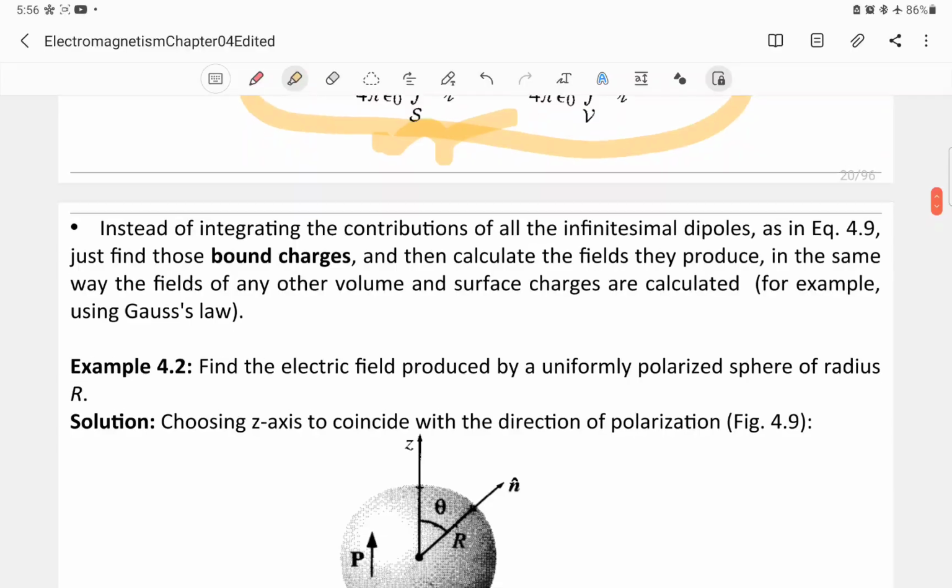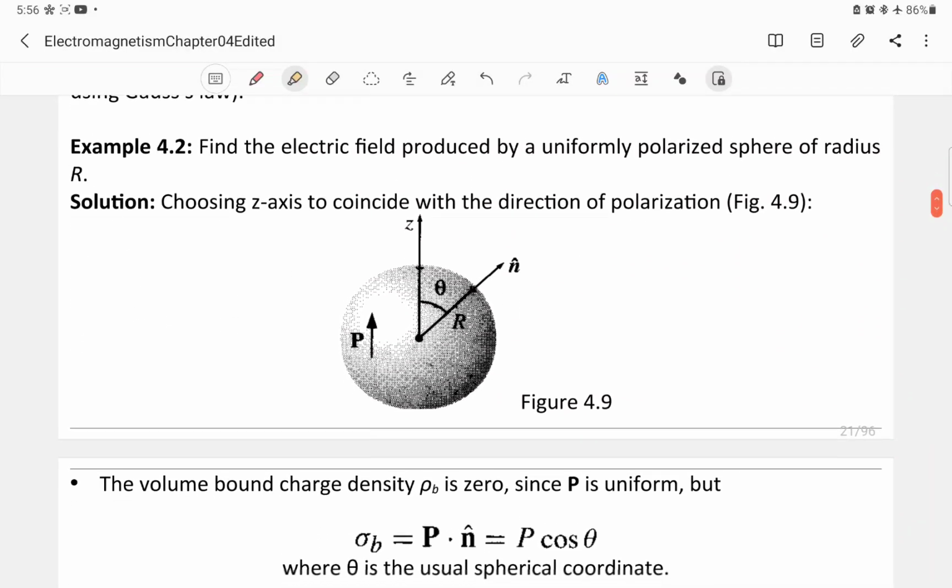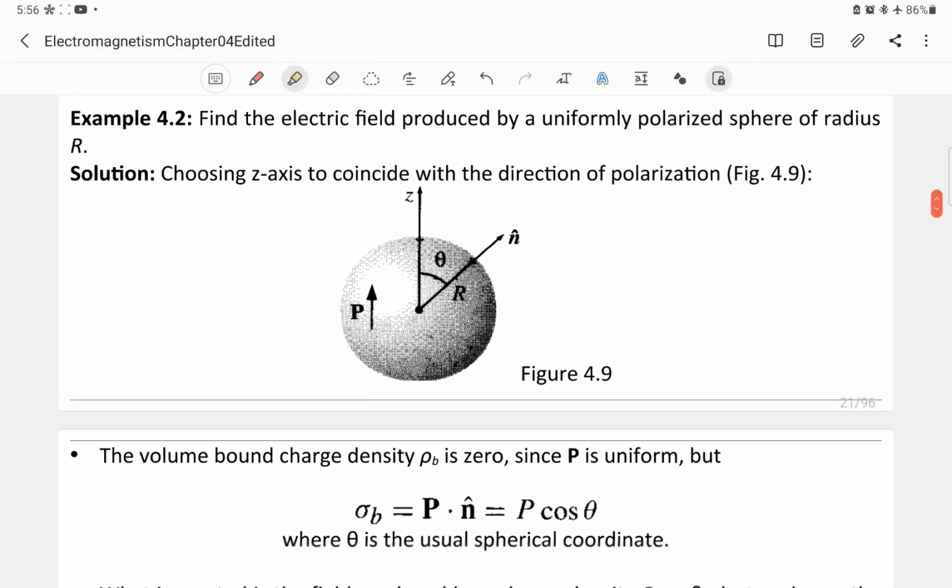So let's now go to an example. Find the electric field produced by a uniformly polarized sphere of radius r. So we have here a polarized sphere of radius r, and we find the electric field produced by this material.